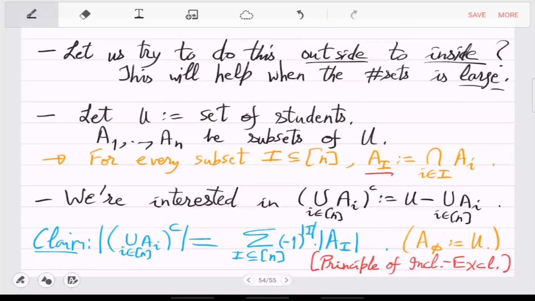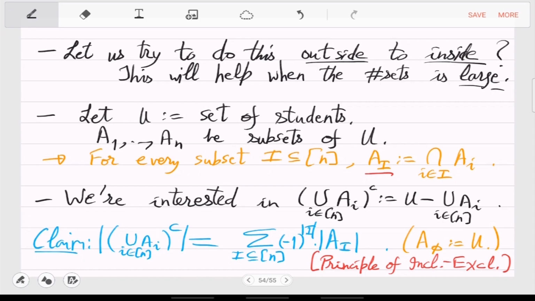So what it means is, if the element small u you have fixed is in the complement, then it should be counted exactly once in the RHS, not twice, not thrice, not zero.